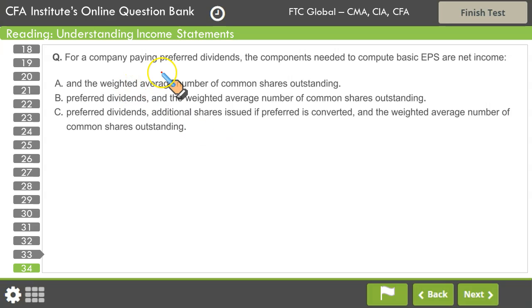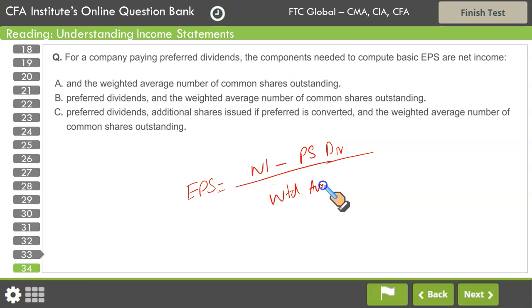Next, for a company paying preferred dividends, the components needed to compute basic earnings per share are: if a company pays a preferred stock dividend, how do we calculate EPS? Just write down the formula and you will see the correct option will automatically fall into place. EPS is equal to net income minus preferred stock dividend divided by the weighted average number of shares.